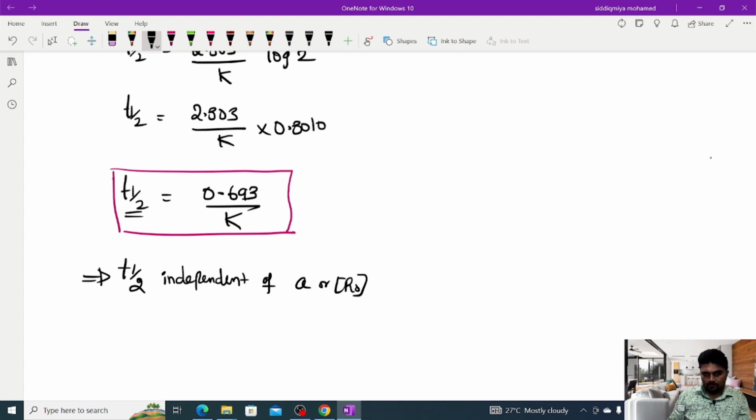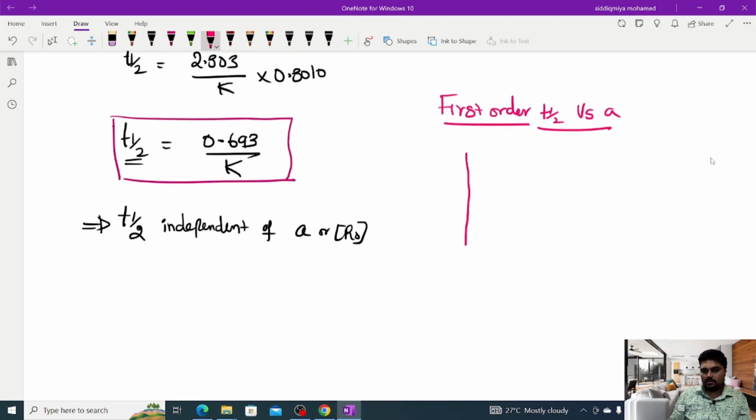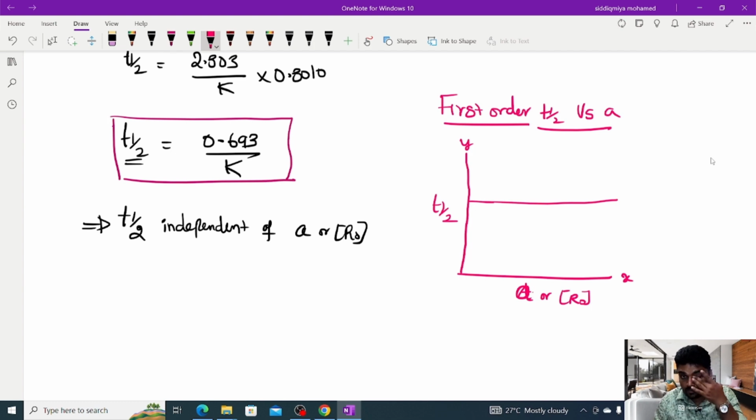For first order, this graph is very important: T half versus A, or initial concentration. On the y-axis take T half and on the x-axis take A or R naught. T half is independent, so you will get a straight line. This graph is very, very important.